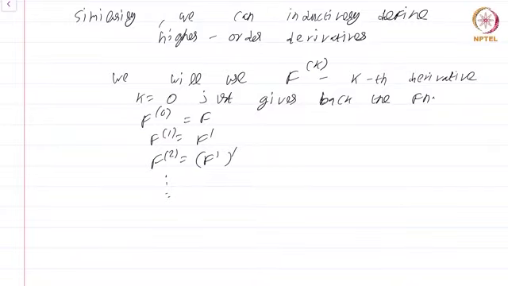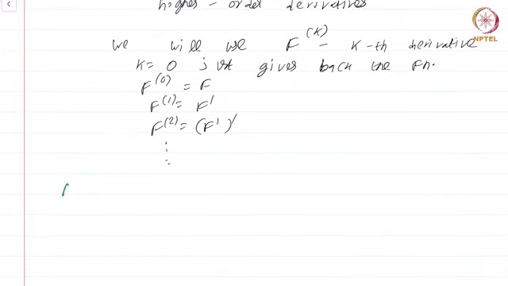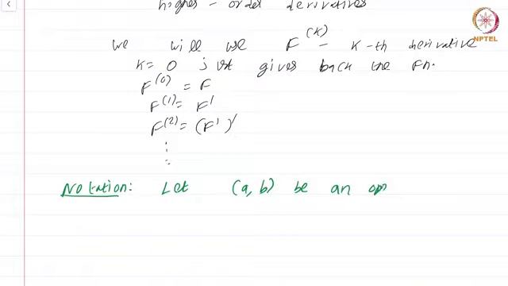Now, one important notation, since it's important, I'm going to put it in green. Let A be an open interval (a, b), a less than b.